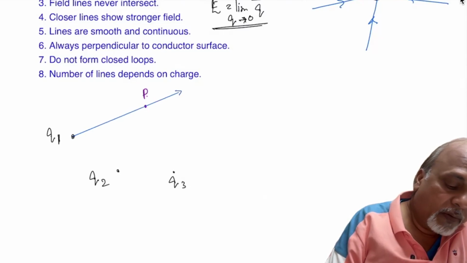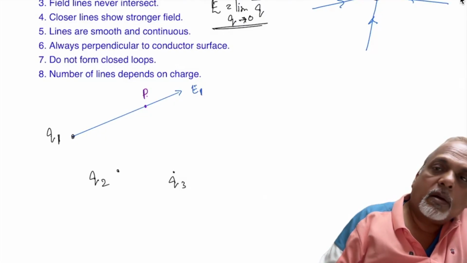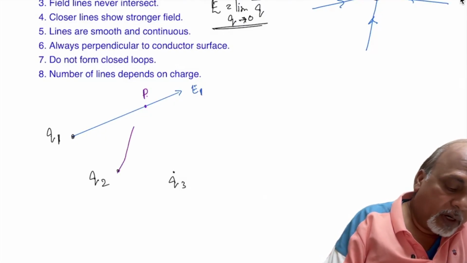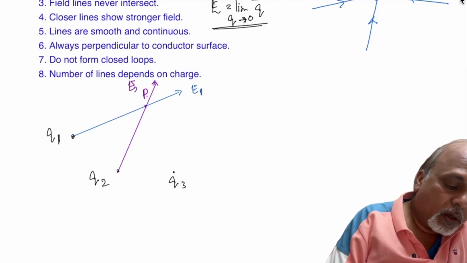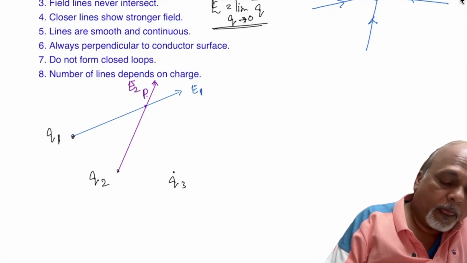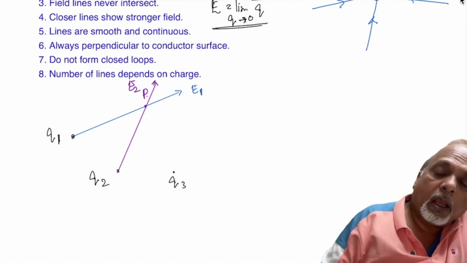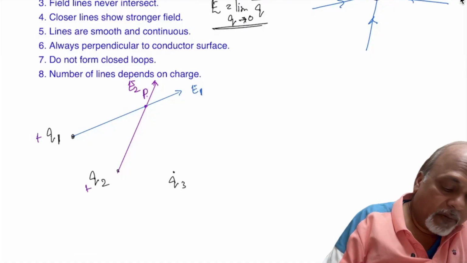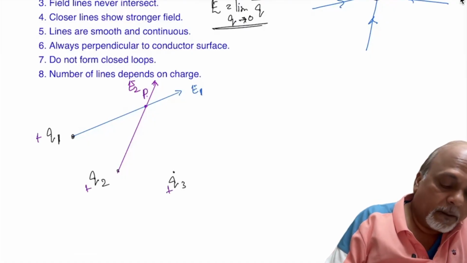This is the electric field due to 1. This is the electric field due to 2. These are positive charges, so electric field direction will be away from the charge.